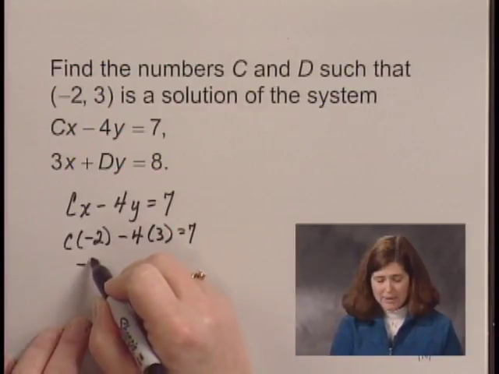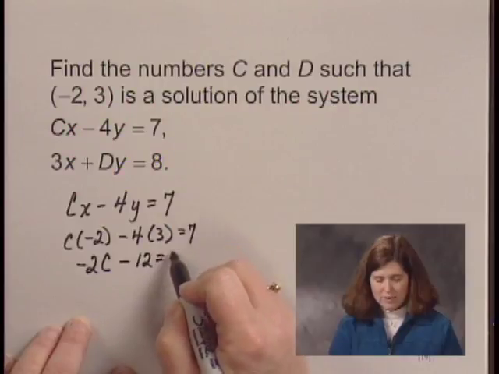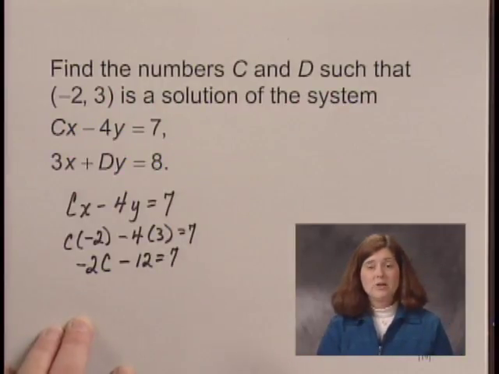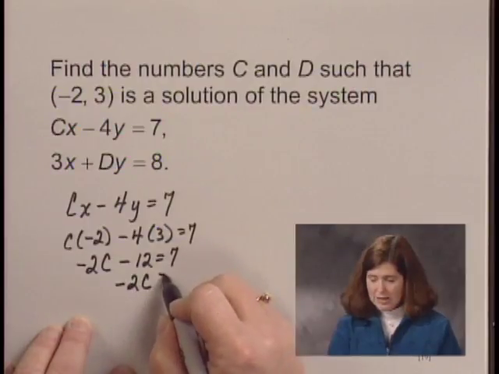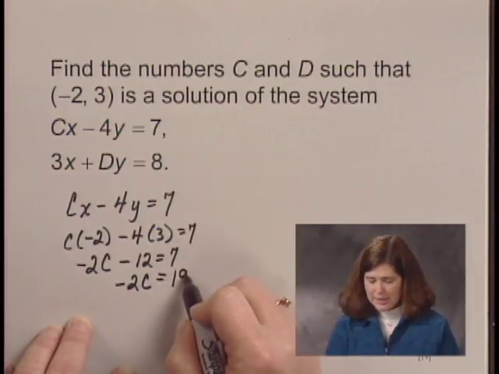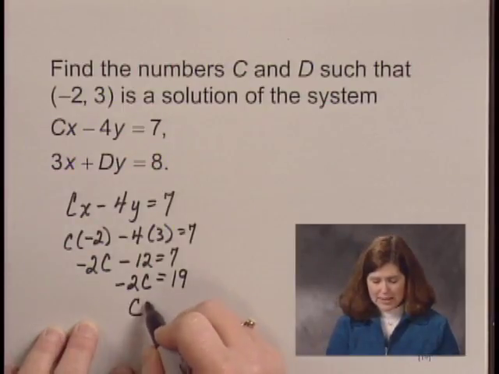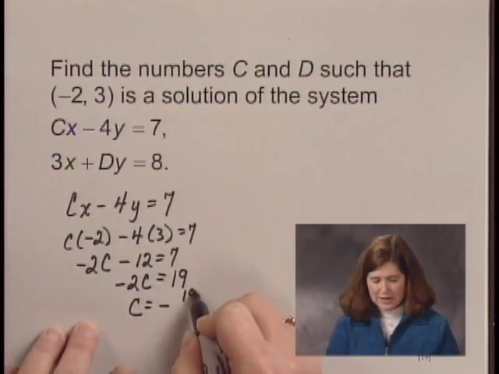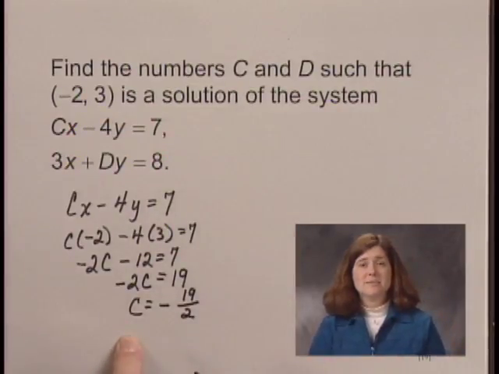Multiplying, I get -2c - 12 = 7. Adding 12 to both sides, I get -2c = 19. Dividing both sides by -2, I get c = -19/2. And I found the number c.